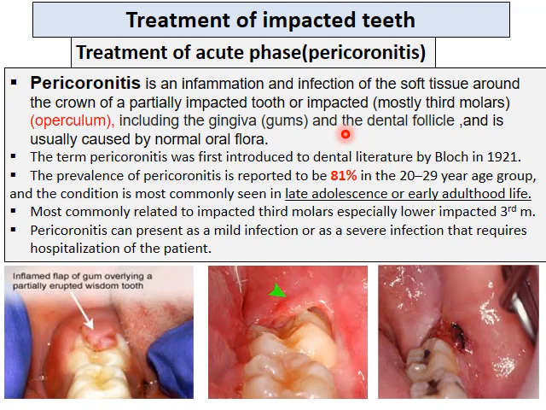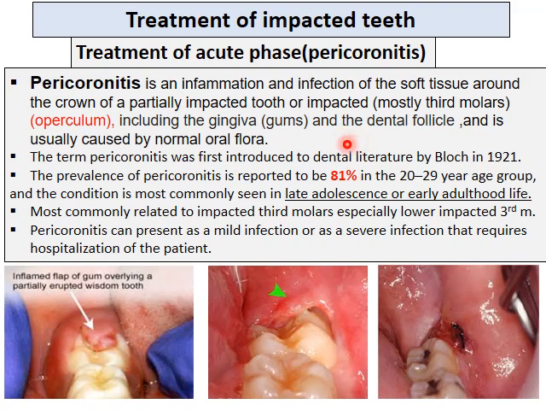As a definition, pericoronitis is an inflammation and infection of the soft tissue. Look at the arrow. Inflammation or infection of the soft tissue around the crown of a partially impacted tooth, especially third molars and especially the lower third molar.